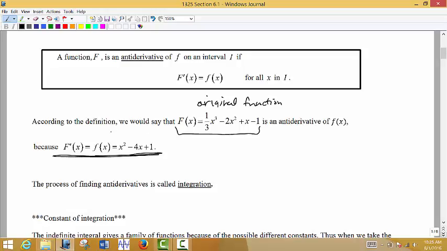So if I was to be given this as the derivative, this could be an antiderivative. So it may not be the antiderivative, but it could be an antiderivative. Remember what we said, give or take, that we would not know exactly what the constant would be unless we had a little bit extra information.